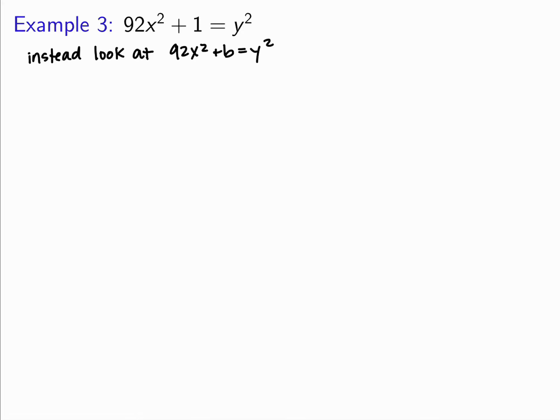If x is 1, then I have 92 plus something needs to be a perfect square. Well, I could add 8. If I let b be 8, then 92 plus 8 is 100, which is a perfect square, so that says y is 10. So if I have x is 1, y is 10, that's going to work if I have an additive of 8. If I change that b to an 8, that will be a solution.